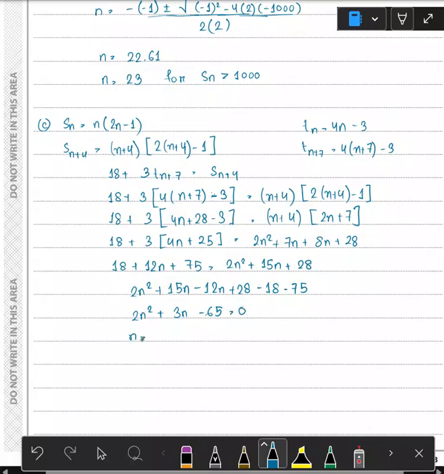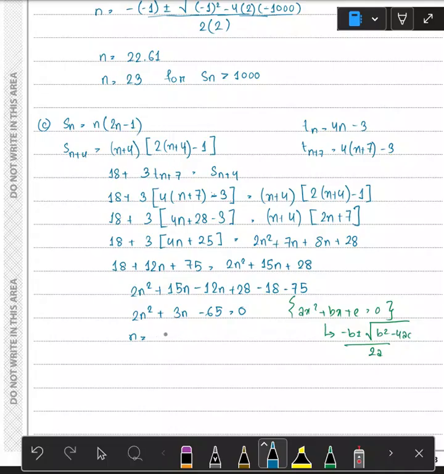So now, using the quadratic formula as I used in part B, ax squared plus bx plus c is equal to 0. The quadratic formula is negative b plus minus the square root of b square minus 4ac, divided by 2a, right? Here b in our case is 3, a is 2, and c is negative 65.